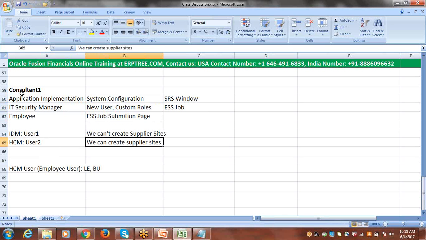That means if you assign these roles to the implementation user, except supplier site definition, you can do all the setups. But if you assign the same roles to the HCM user, along with these privileges, you will have access to the supplier definition function also.